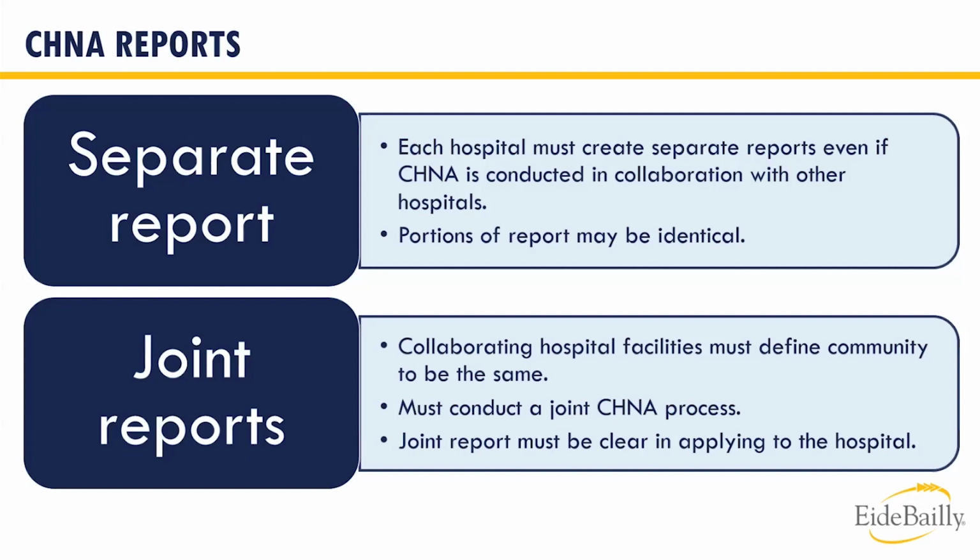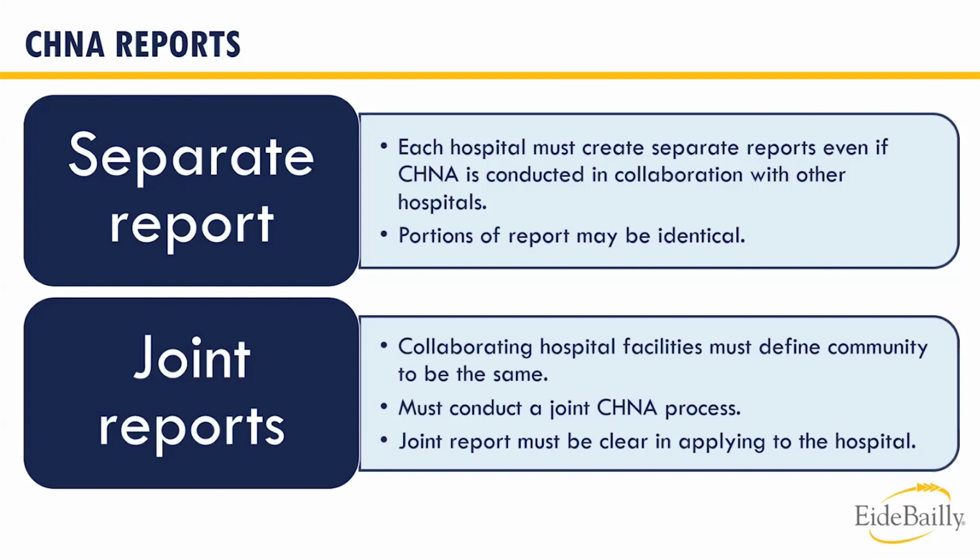So thank you. Absolutely. I mentioned this already, but with your reports, you can do a separate report or a joint report. With your separate report, you can have identical portions of a report, but your report has to be specific to your community and what you're doing with respect to the needs for your community. If you do one joint report, then all hospitals have to define the community the same.